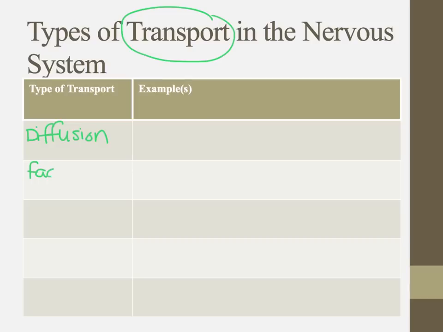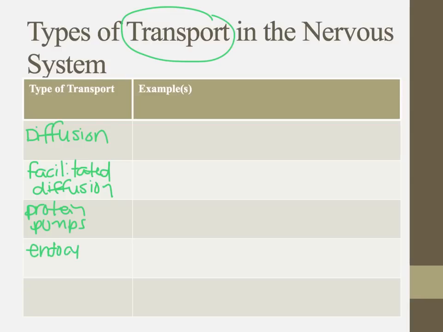We have facilitated diffusion. Okay, we have protein pumps. We have endocytosis, and we have exocytosis.